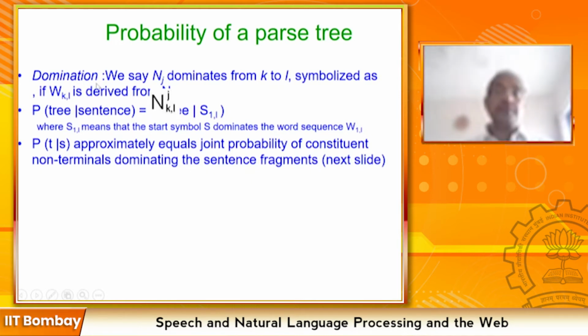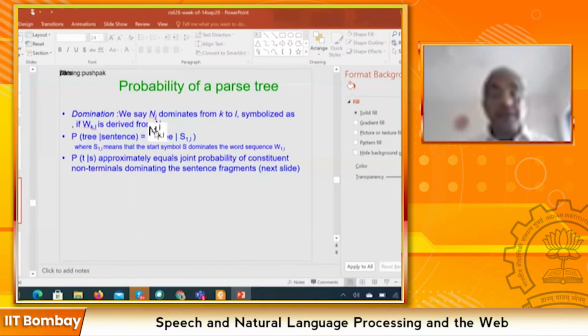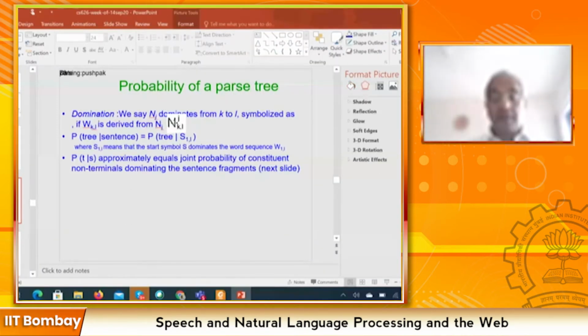So we say Nj dominates from K to L, symbolized as WKL, if it is derived from NKLJ. Okay, I'm sorry, the symbol has not come in the same line. So here it is.